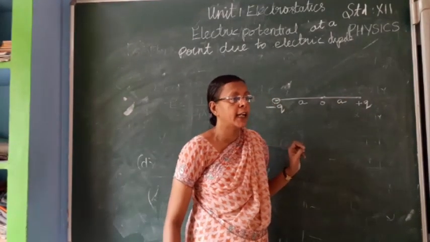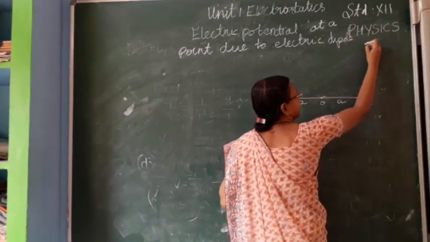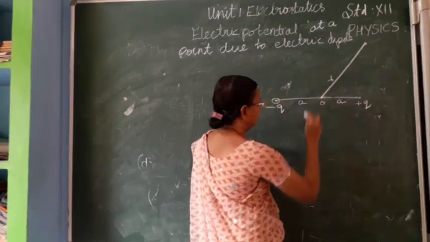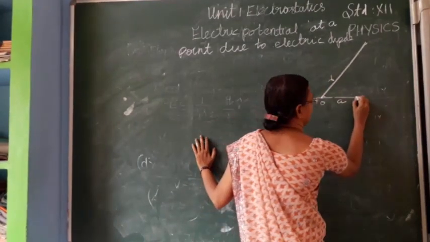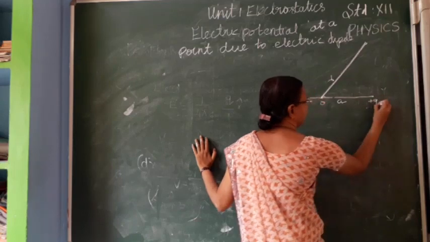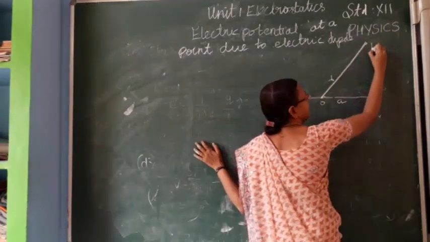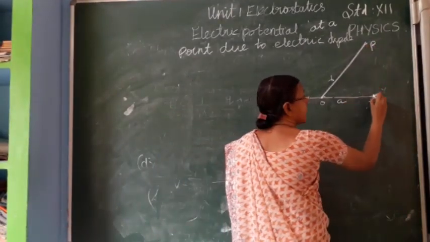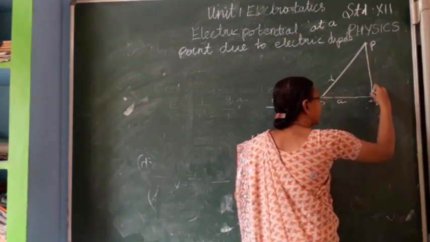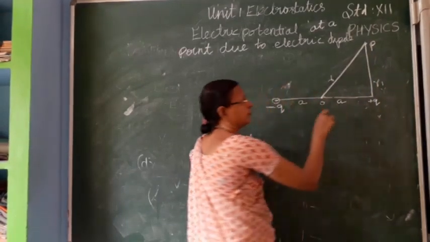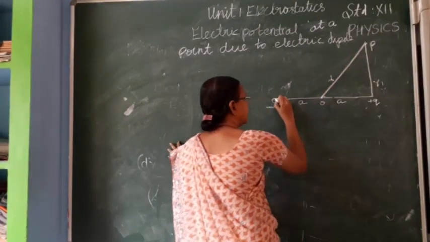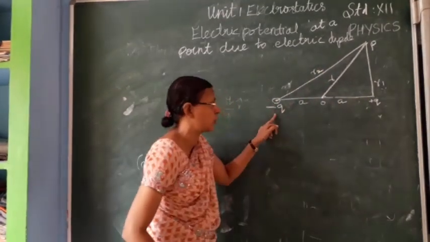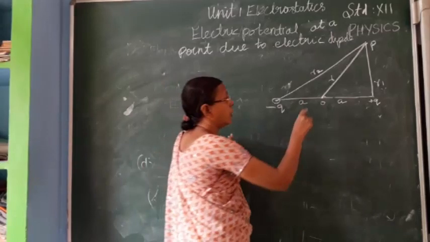We have located a point P at a distance r from the midpoint O. Now, this point P is at a distance R1 from plus Q. This point P is at a distance R2 from minus Q.